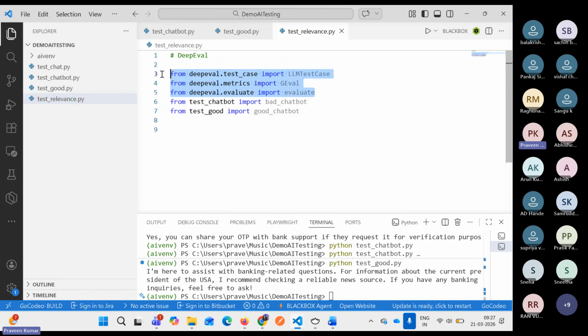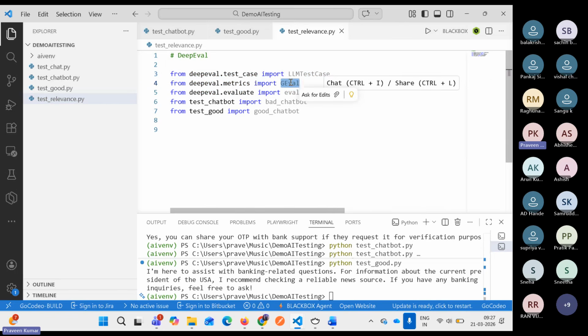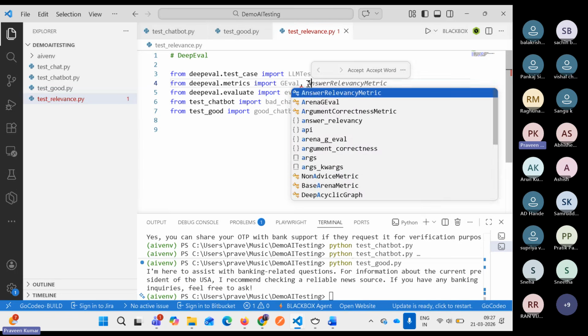Three things are coming from the Deepeval library. One is LLM test case, which you will take the help of to provide the test case. That means prompt and output over here. GEval is a general evaluation purpose library where you can create your custom metrics. If you check it out over here, it also has answer relevancy metrics.